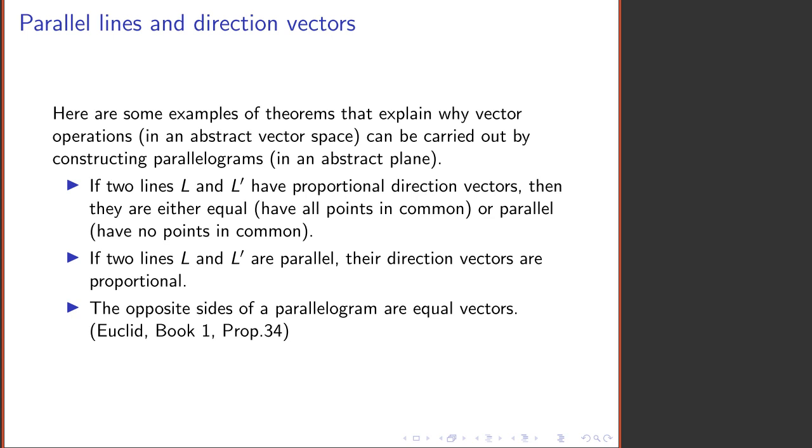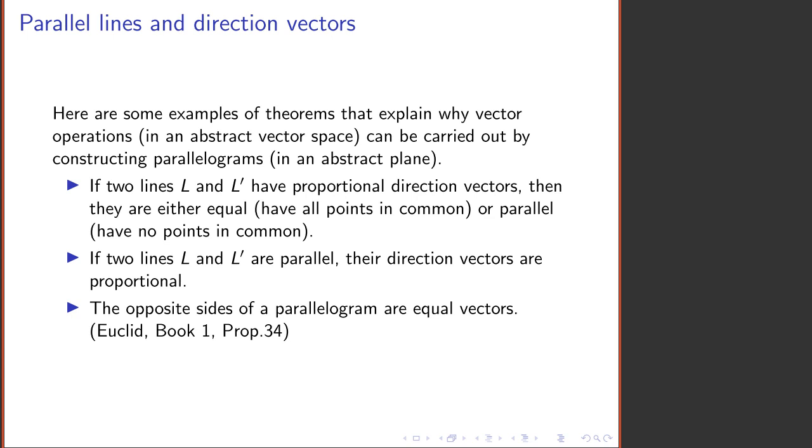First, suppose you've got two lines, L and L prime, and their direction vectors are proportional. In that case, they're either the same line, they have all points in common, or they are parallel. So the idea of proportional direction vectors implements the basic idea of Euclid's fifth postulate.